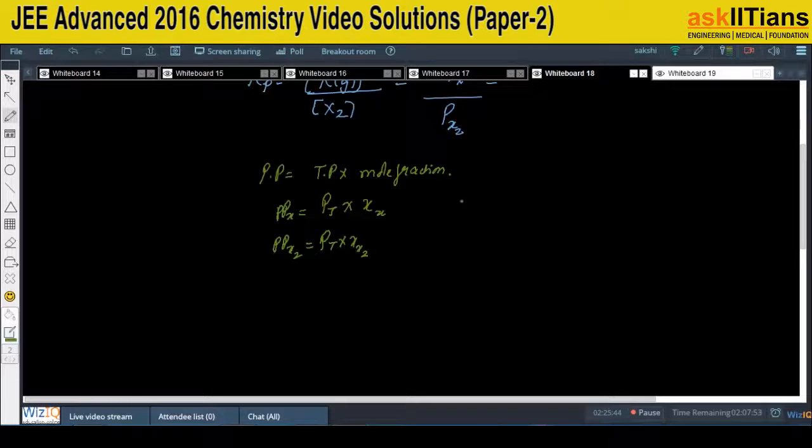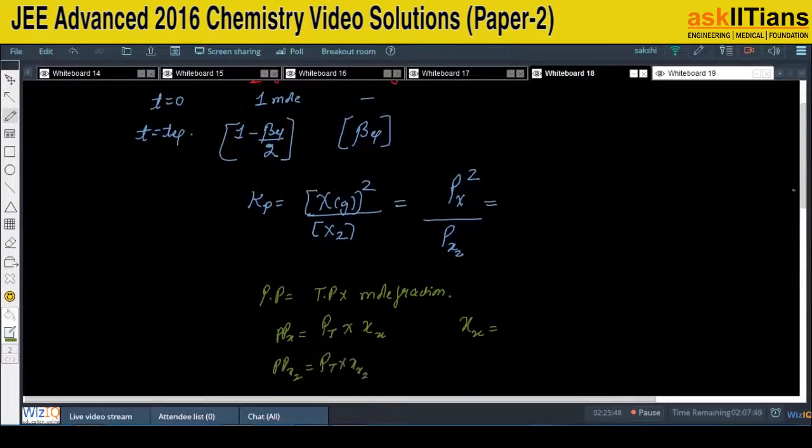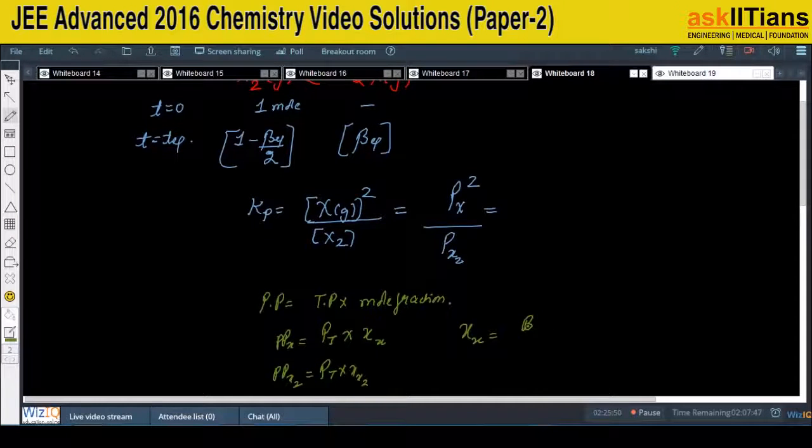Now how can you calculate the mole fraction of X? The mole fraction of X can be calculated by the number of moles of X, which is B equilibrium, divided by the total number of moles, which is 1 minus B equilibrium by 2 plus B equilibrium. So it comes out to be B equilibrium divided by 1 plus B equilibrium by 2. The same way you can find out the mole fraction of X2.